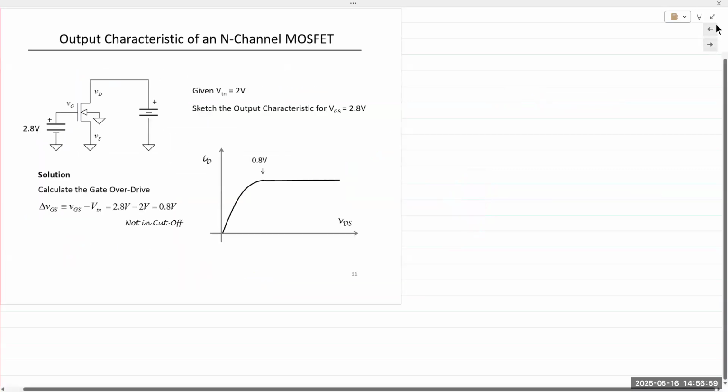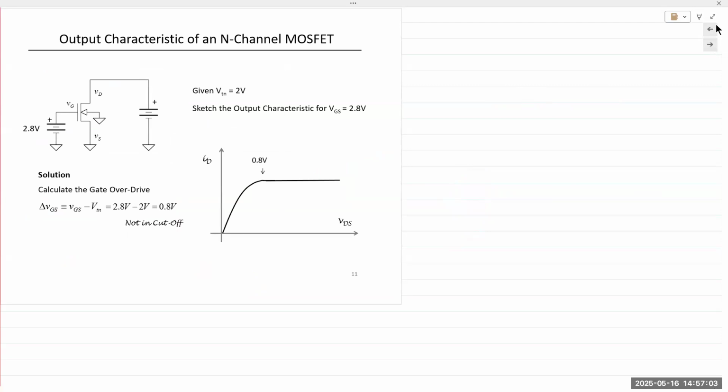The amount of voltage applied at the gate in excess of the threshold voltage is known as the overdrive, or the gate overdrive voltage. As a simple example, let's say in LTspice, we have a threshold voltage of 2 volts. We can simulate this easily.